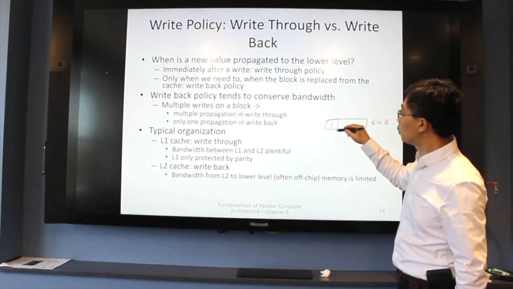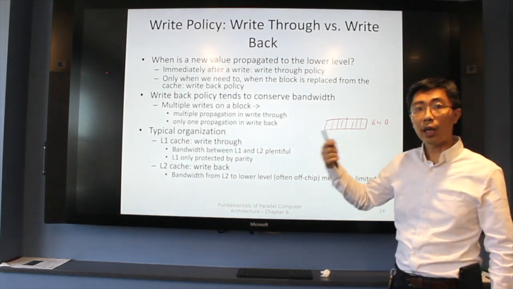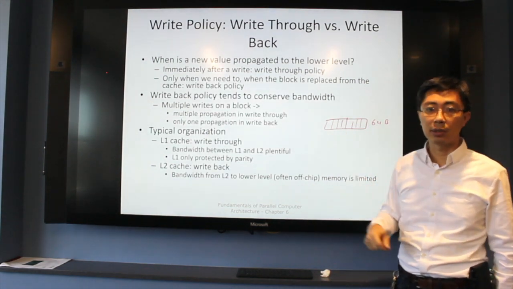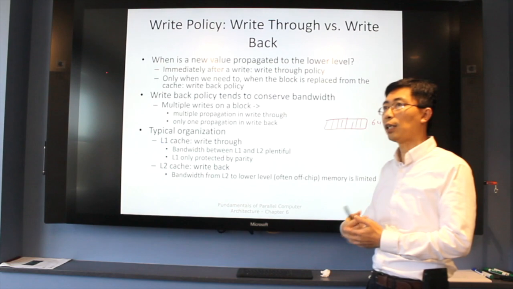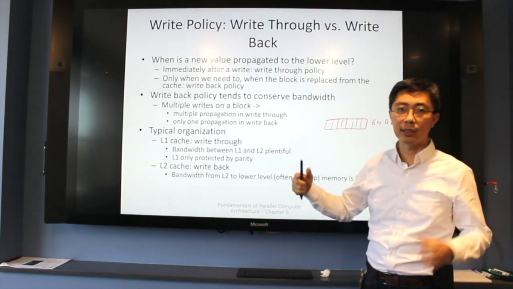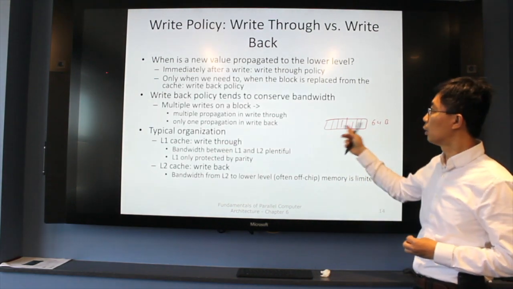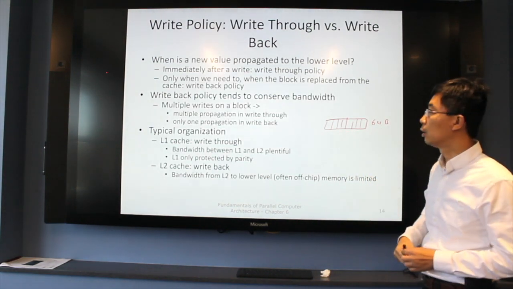Now you can have 8 array elements in the same block. So if your algorithm writes to each array element, you're going to have 8 writes to the same block while it's in the cache.